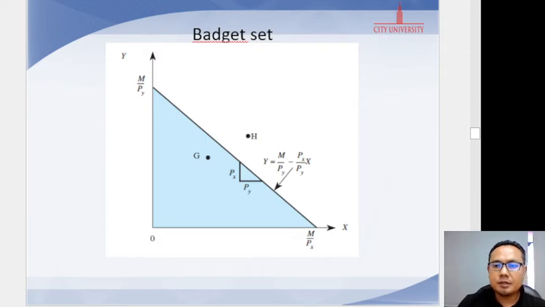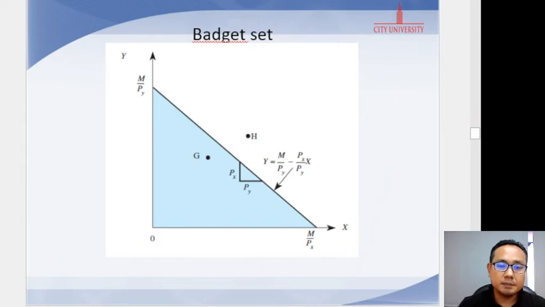In particular, any combination of goods X and Y within the shaded area, such as point G, for example, represents an affordable combination of X and Y. Any point above the shaded area, such as point H, represents a bundle of goods that is unaffordable.